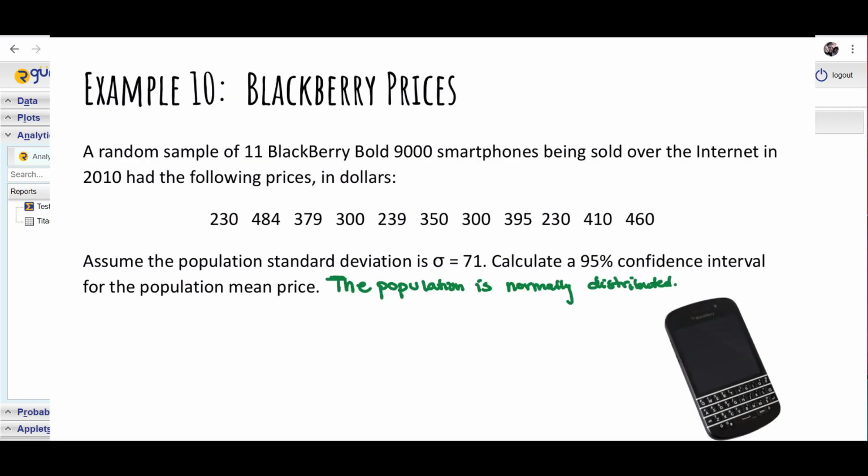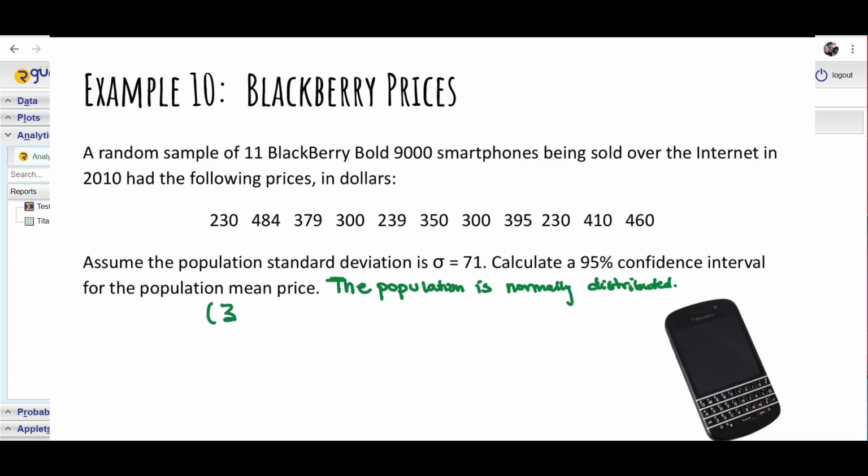So let's write that up on this sheet. It falls between $301.41 and $385.32.